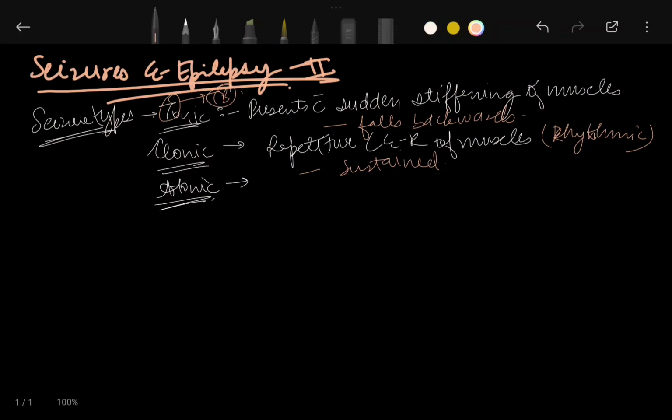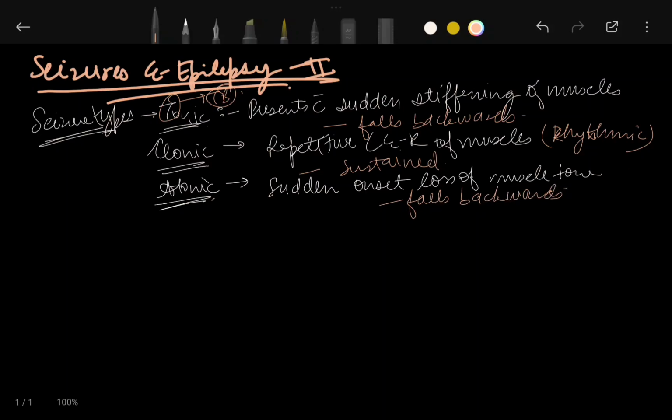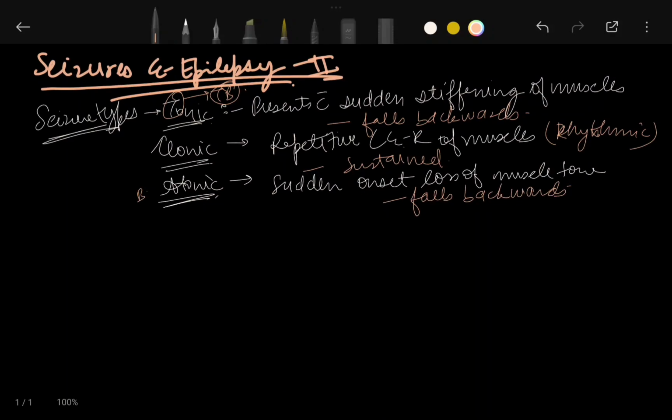In atonic, there is sudden onset loss of muscle tone, and the person falls backwards. Okay, sorry, not backwards, the person falls forwards.